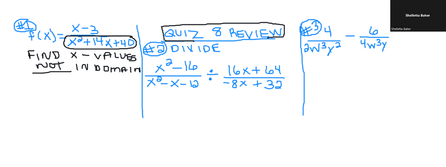So you take your denominator, in this case x squared plus 14x plus 40, and set that equal to 0.